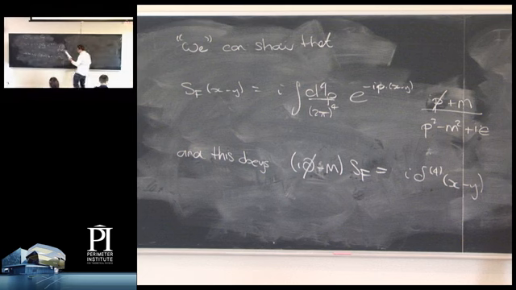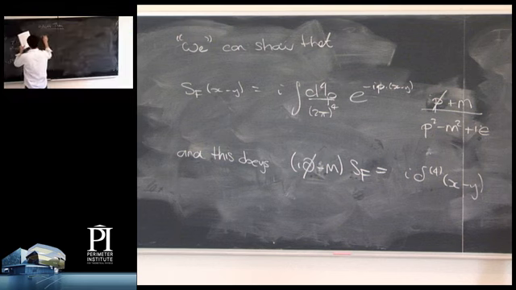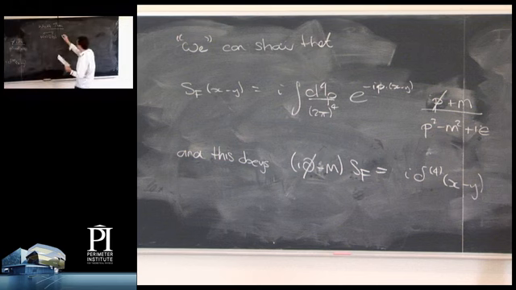Wick's theorem. We define the contraction between two operators to be the difference between the time ordering of the operators and the normal ordering of the operators.